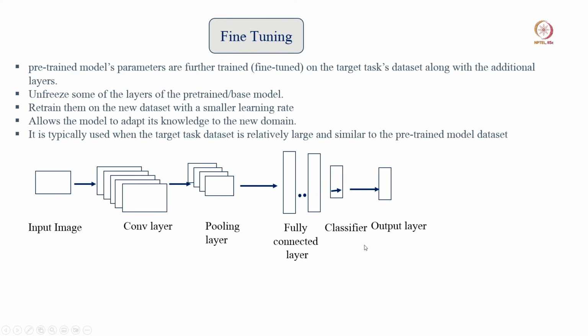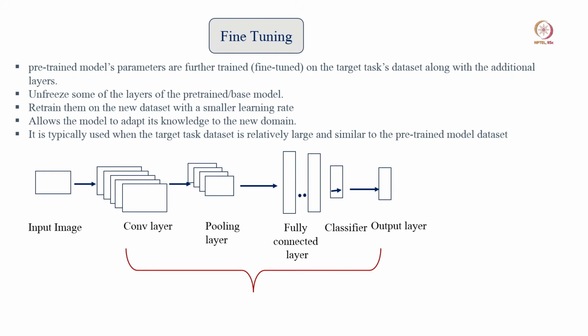So, here if you see, these are the normal convolution operations in a CNN architecture, and in case of fine tuning, what happens is we unfreeze some of the internal layers also of the pre-trained model, and we retrain them on the new data set. So, it is not only the top layers like the classifier or the fully connected layers, but inside convolution layers also we change the number of filters, number of layers, those things we change.